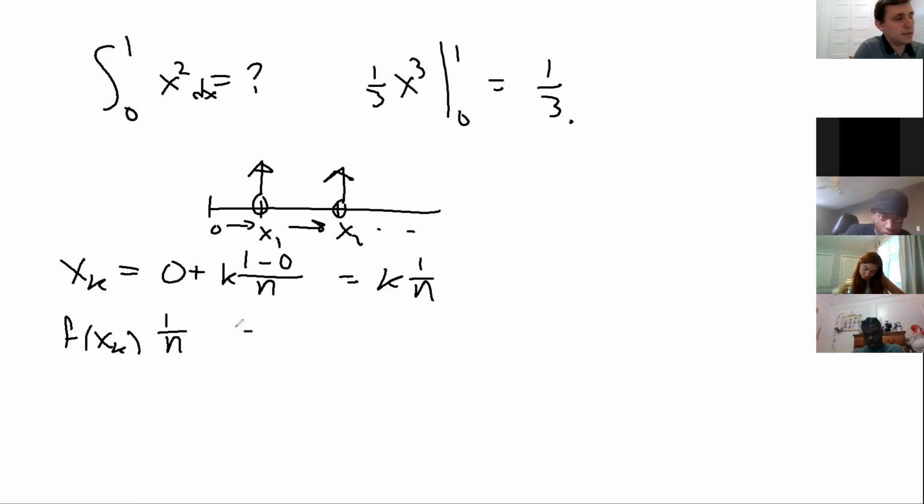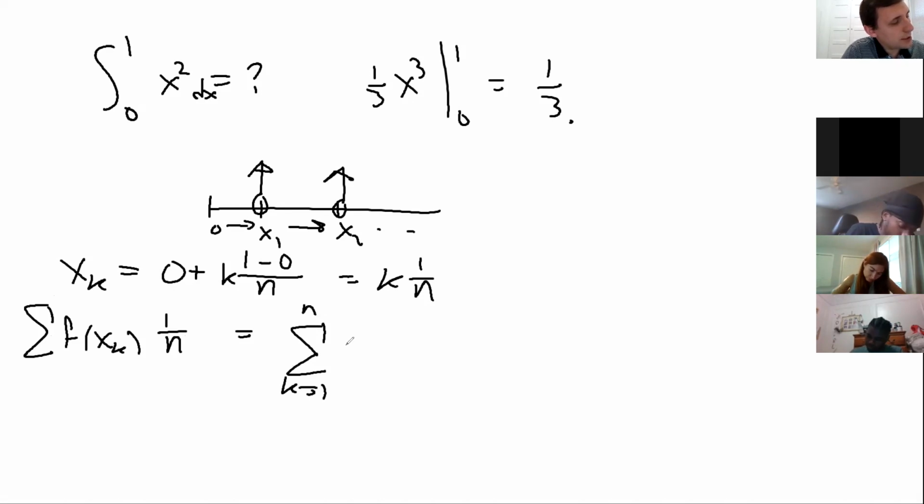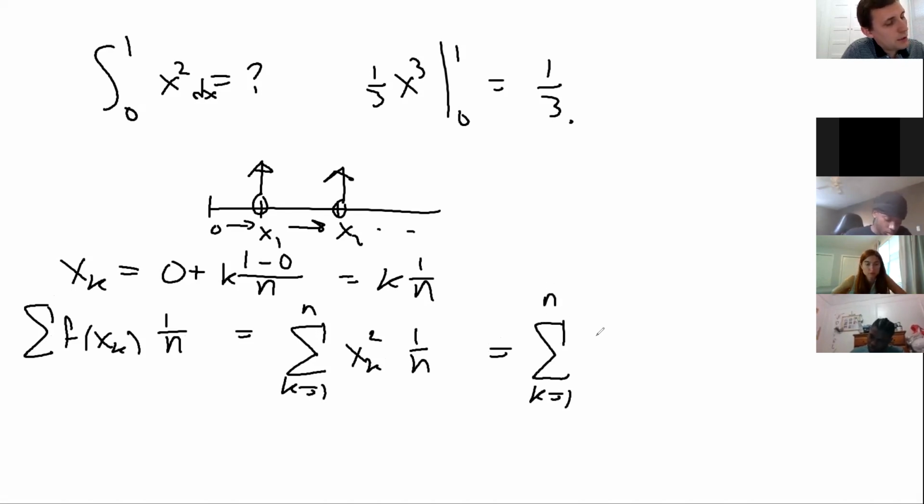And that is xk squared times 1 over n, which is the sum from k equals 1 to n of (k divided by n) squared times 1 over n. Agreed?